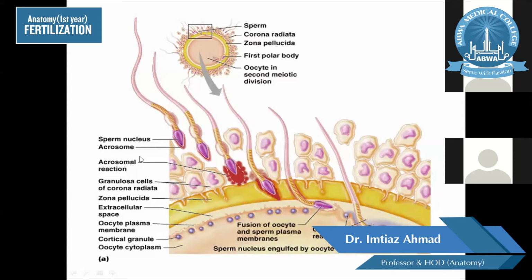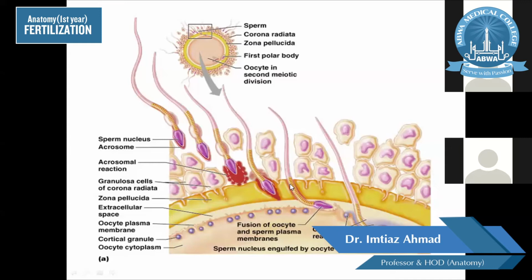And see over here, this is the nucleus of the sperm. On the nucleus there is a cap-like structure, the acrosome, a structure filled with hydrolytic enzymes. In the acrosomal reaction, the enzymes come out and digest to make a hole in the zona pellucida.